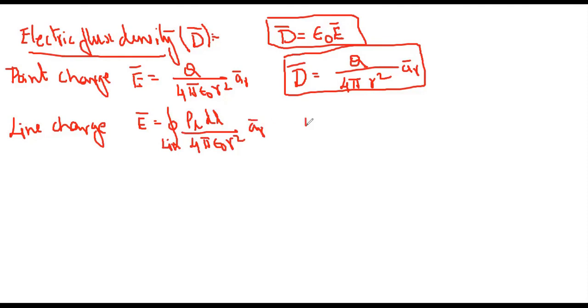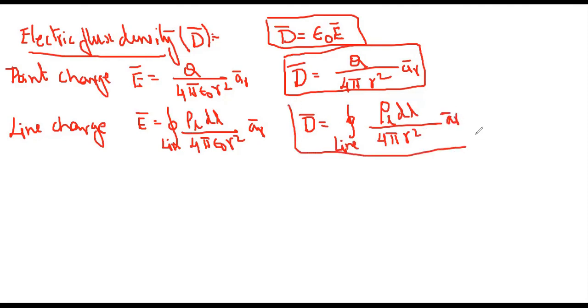Now, the electric flux density D bar is equal to, without epsilon naught, the line integral rho L dl by 4 pi R square into AR bar. The D bar is equal.